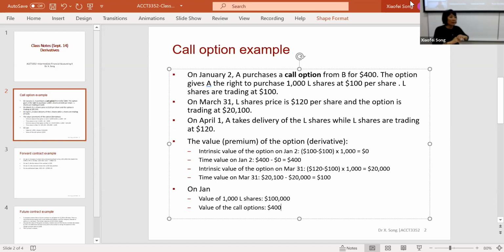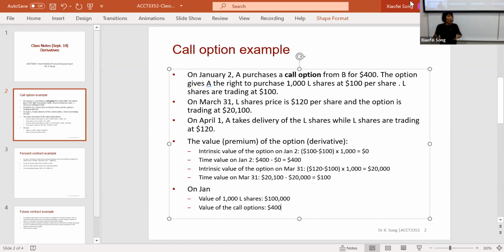What's the maximum risk for A? 400. That's the max, right? If the share goes down, worst come to worst, I can't benefit from it. I paid 400 for something which is useless. That's the max. What's the maximum potential risk for B? There's no limit, right?